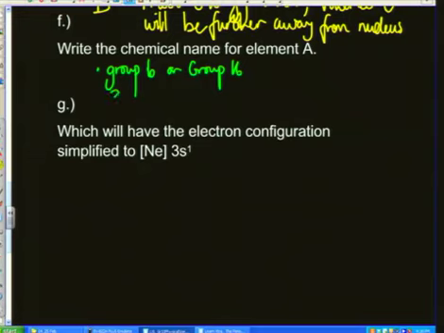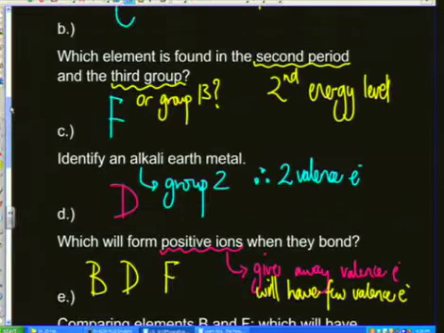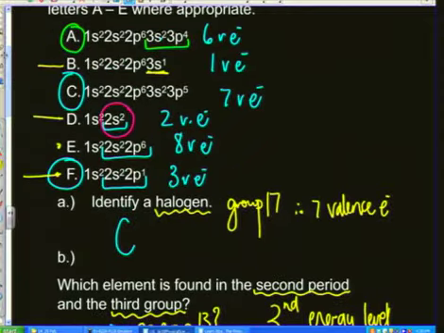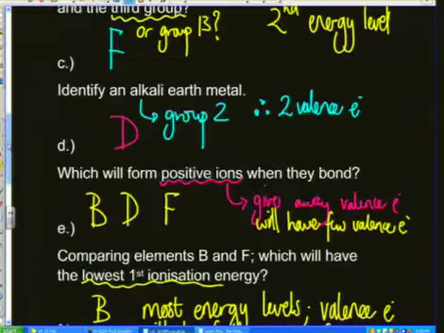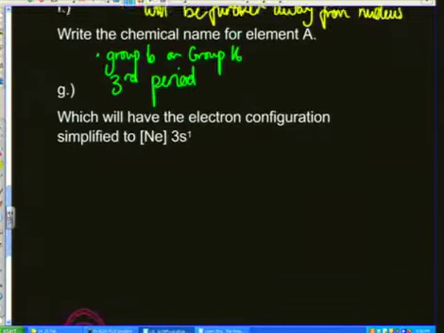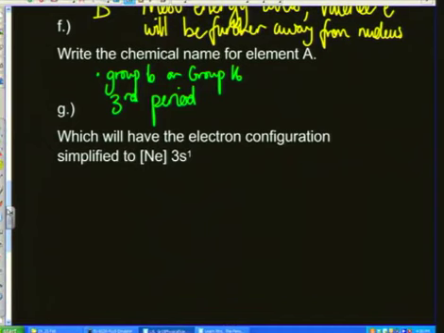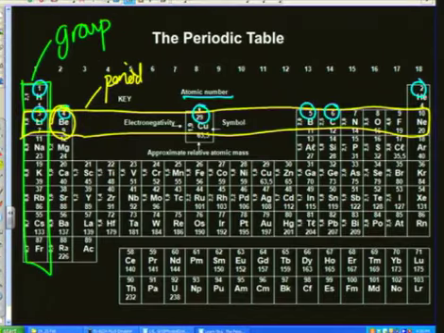And I said the third period. So the third row, going back to it, recognize why. We said it's got 6 valence electrons and it's filling the third energy level. So I need to go across here to my periodic table and say, okay, let's find group 16 and let's look for the third energy level.